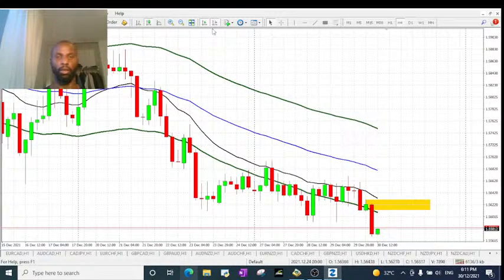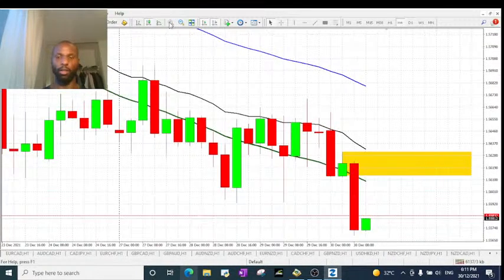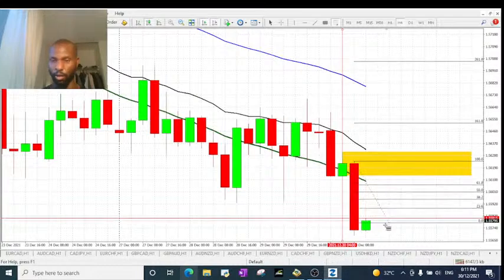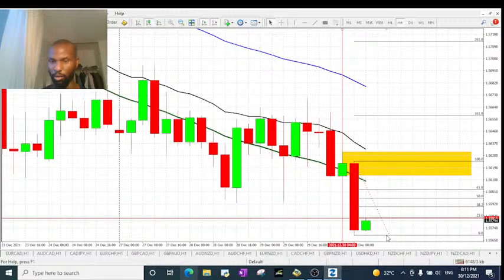Okay, guys, look at this. We might get a scalp here actually. What's the spread on this one? Euro Australian dollar. This is beautiful, guys. We might get one scalp before I close the session for today.